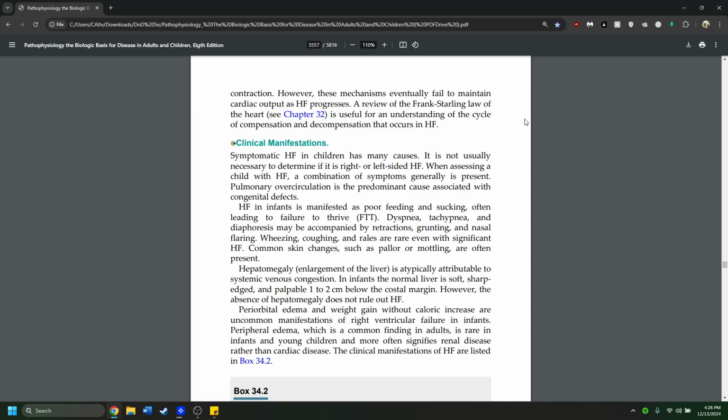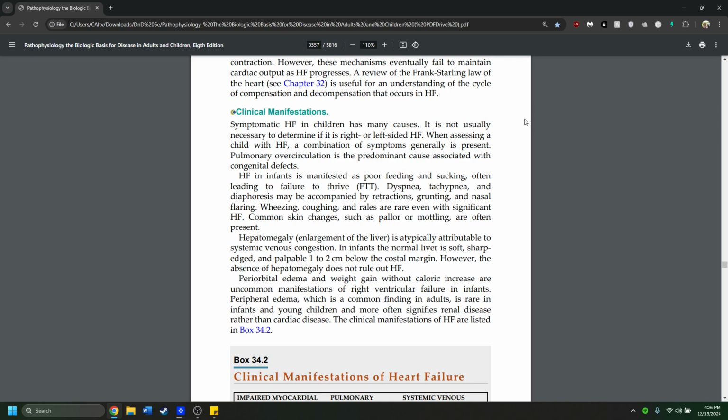Our clinical manifestations. Symptomatic heart failure in children has many causes. It is not usually necessary to determine if it is right or left-sided heart failure. When assessing a child with heart failure, a combination of symptoms generally is present. Pulmonary overcirculation is the predominant cause associated with congenital defects.